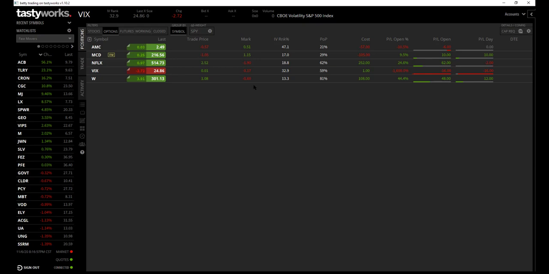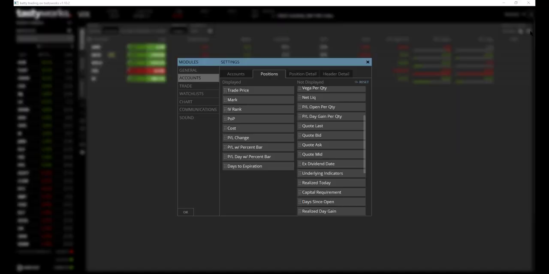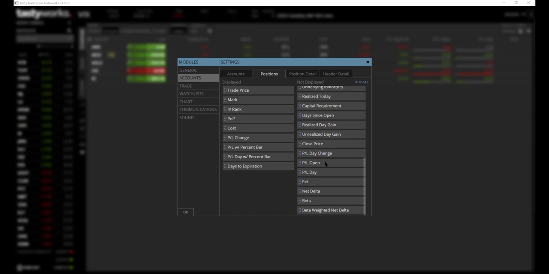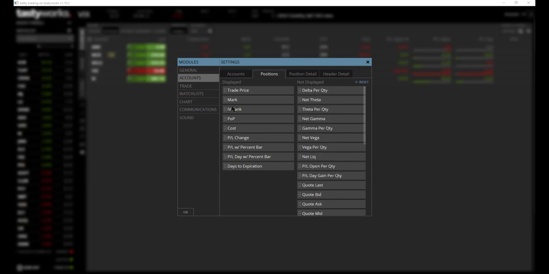So here on Tastyworks, if I go up to the cog up here, I can add all of this stuff. Maybe some of it might be useful, depending on what kind of trades I had in there. But for the most part, I'm showing what I want to show. I promise you, though, if I hit the reset button, it's going to put a lot of junk over here that I don't need. And I would even argue that I don't need all of these here on the back.